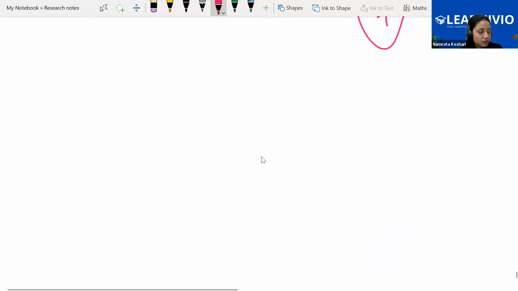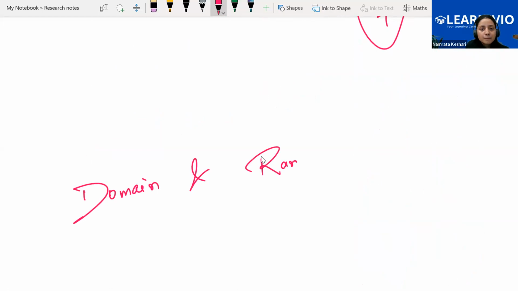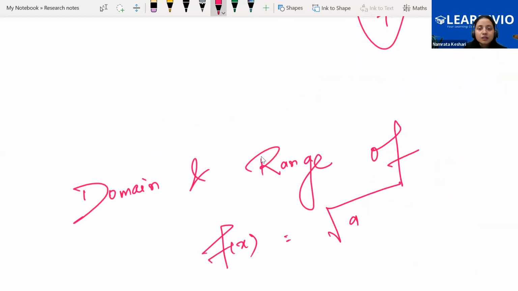Now the next concept. We have already discussed how to find the domain and the range. Suppose we have to find the domain and range of a function f of x, which is 9 minus x square.